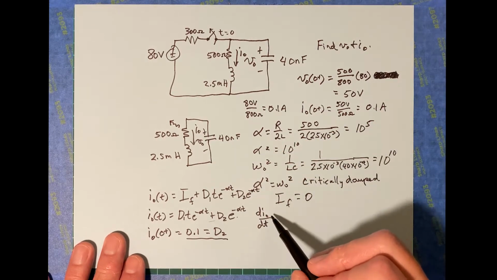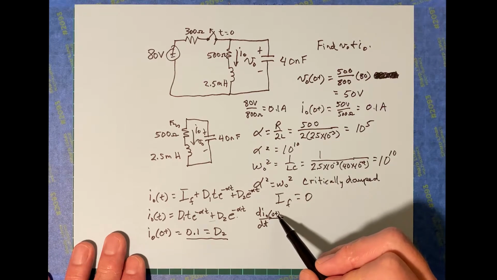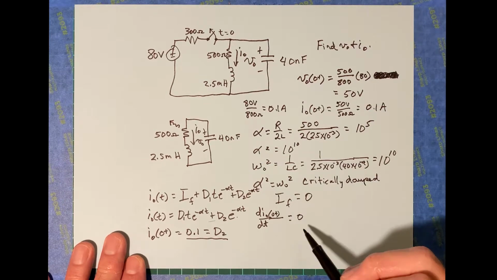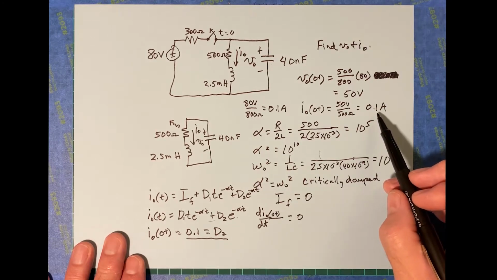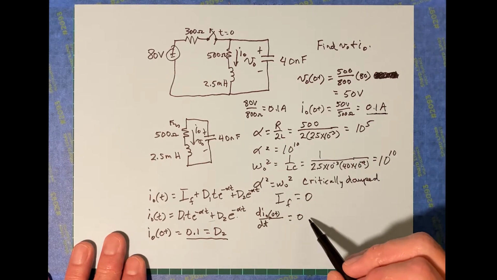That means that the derivative, when we evaluate it at 0, is going to be 0, because there is no change right at t equals 0. It goes from whatever it was before to whatever it is right after. So that's this value, the 0.1 amp, but it doesn't change.